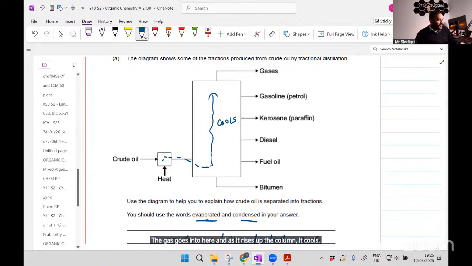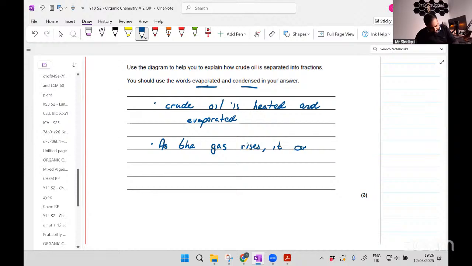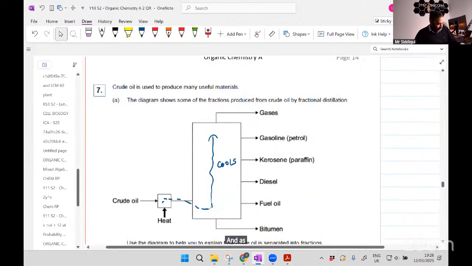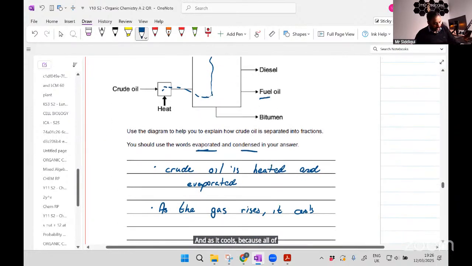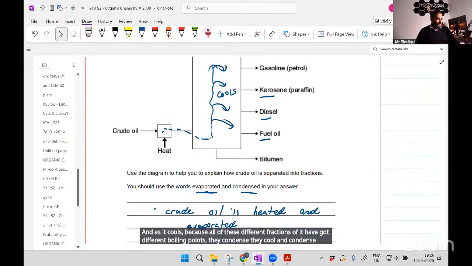So you want to say that. And as it cools, because all of these different fractions of it have got different boiling points, they cool and condense at different temperatures.